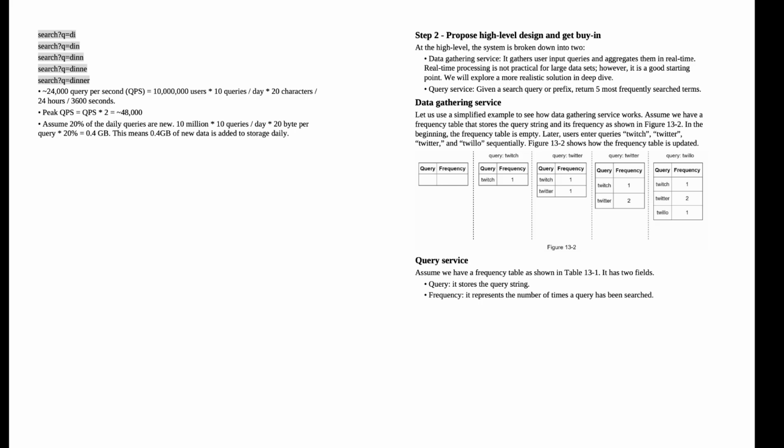The data gathering service gathers whatever queries the user is inputting and aggregates them in real time. Real-time processing is not practical for large data sets; however, it is a good starting point.